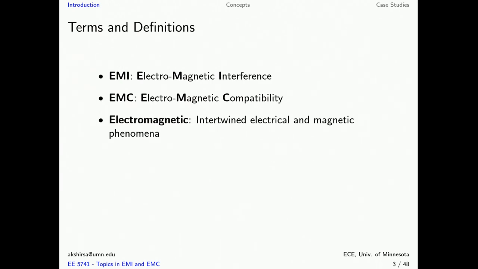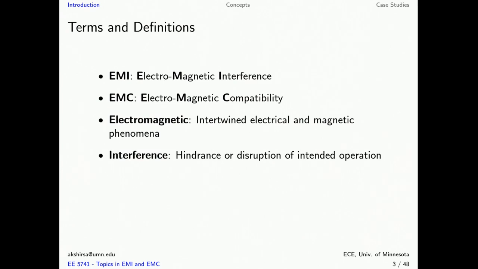Maxwell's laws tell us that electric and magnetic phenomena are related. Electric fields can give rise to H fields, that is magnetic fields, and magnetic fields can give rise to electric fields. And Maxwell's laws tell us how and when that can occur. Depending on the circumstances of our circuit, we may need to look at both electrical or magnetic phenomena, or just one of the two.